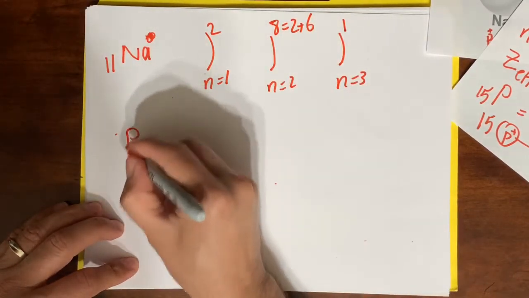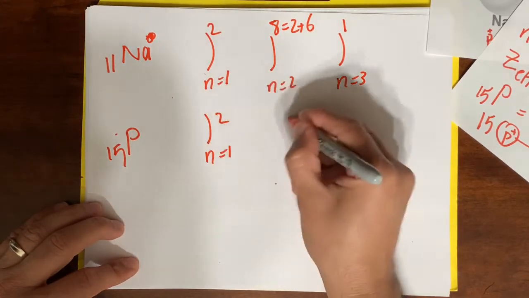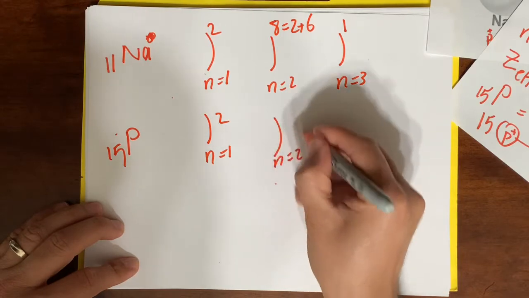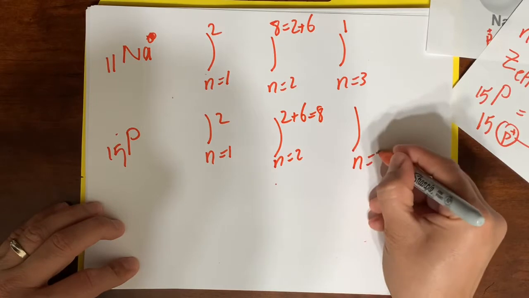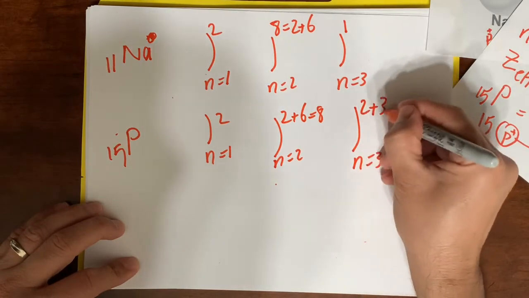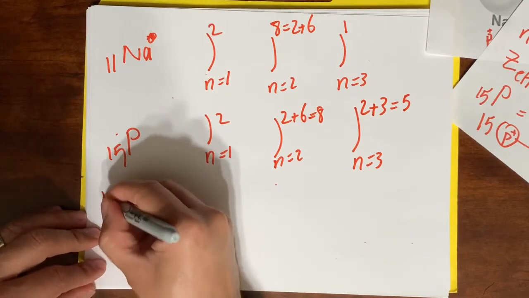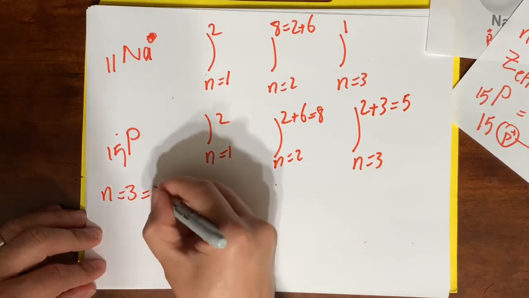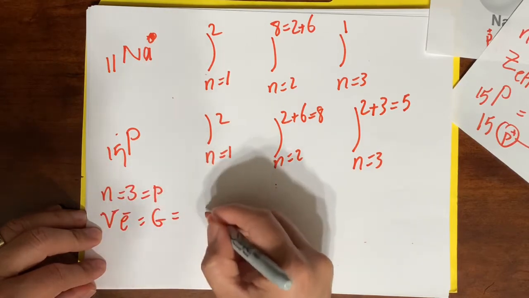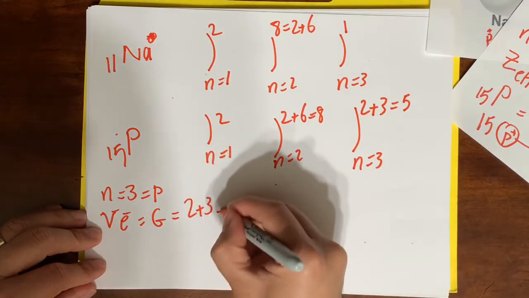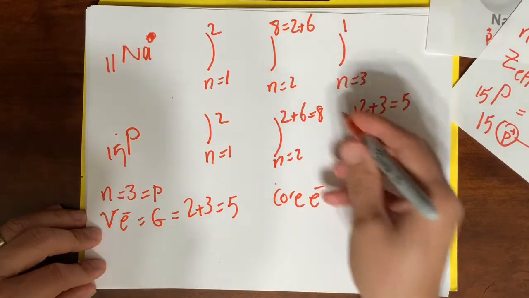For phosphorus, we have n equal 1, 2, n equal 2, 2 plus 6, and n equal 3, we have 2 plus 3, 5. So for phosphorus, the highest n equal 3, so the period is 3. Valence electrons equal the group, 2 plus 3, 5. And core electrons, we have 10.